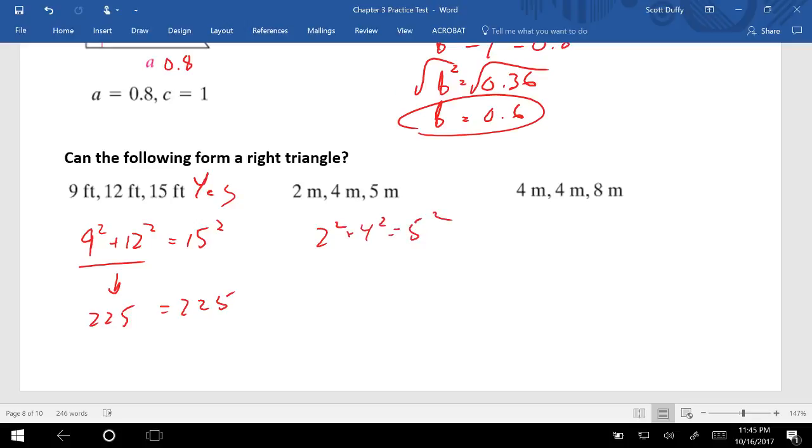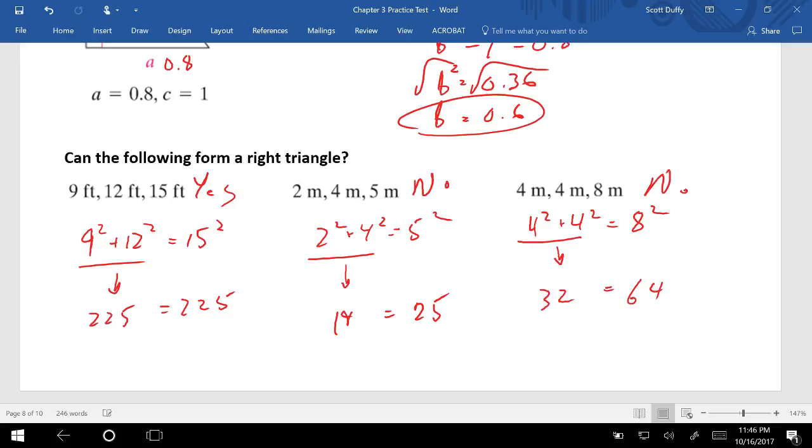Is that true? 2 squared plus 4 squared is going to be 20. 5 squared is 25. So no. 4 squared plus 4 squared equals 8 squared. 16 and 16 is 32. 8 squared is 64. So no.